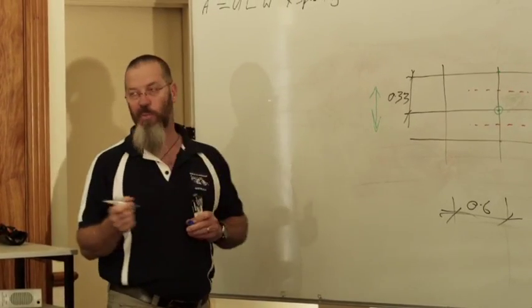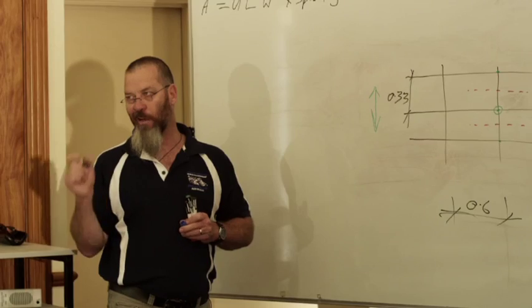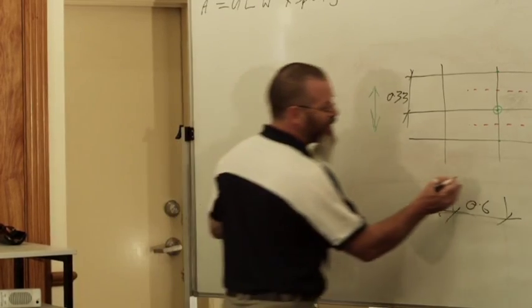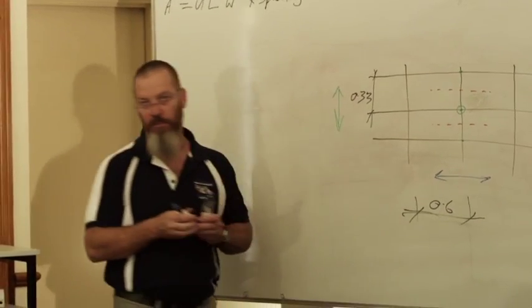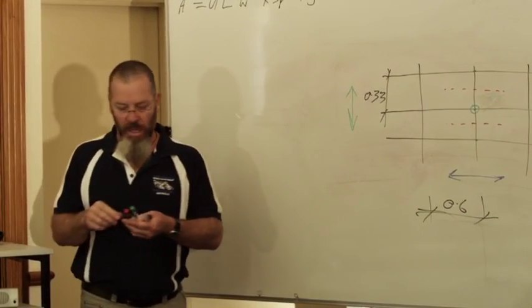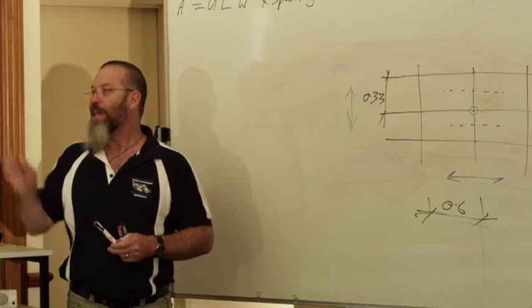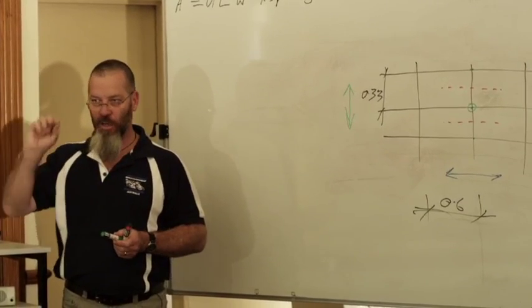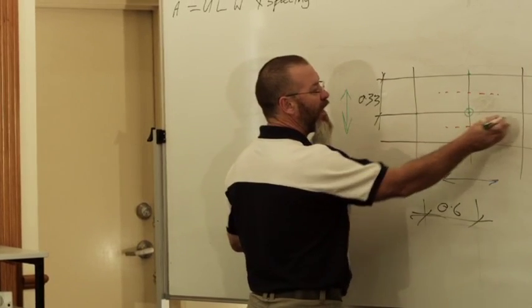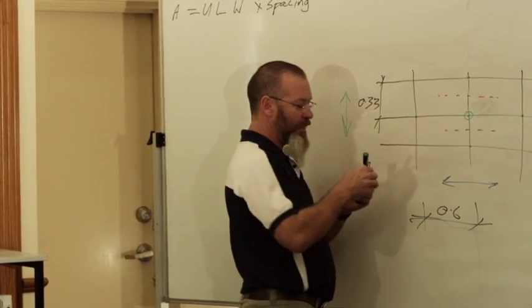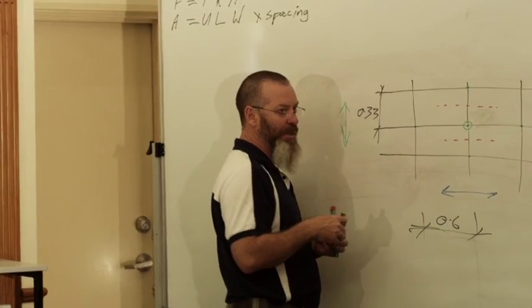Spacing is perpendicular or at 90 degrees to your rafters or trusses. So your spacing is this way. And the formula for spacing in this case and in all cases is exactly the same. It's half the distance between connections plus half the distance between connections.